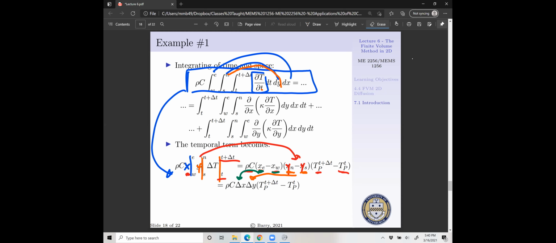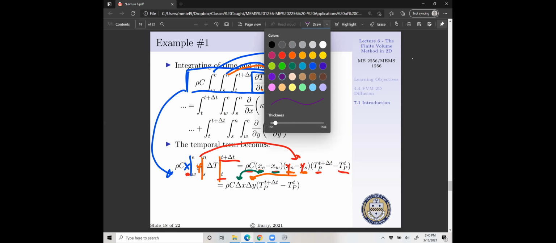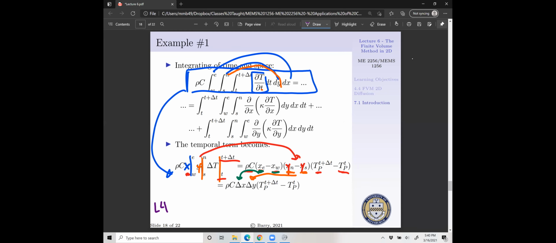So if we go to lecture 4, let me pull this guy up. And I'll steer you guys to that slide. Slide 8, lecture 4, slide 8. We had rho c delta x, t of p at t plus delta t minus t of p at t.